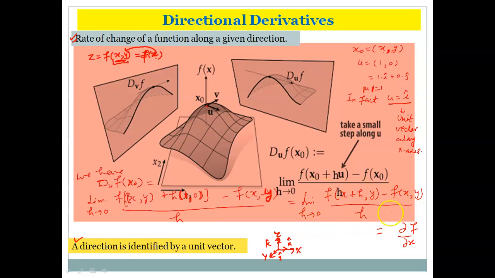Now what is the meaning of this? In case of two variables, what does this expression represent? This represents the partial derivative of f with respect to x.